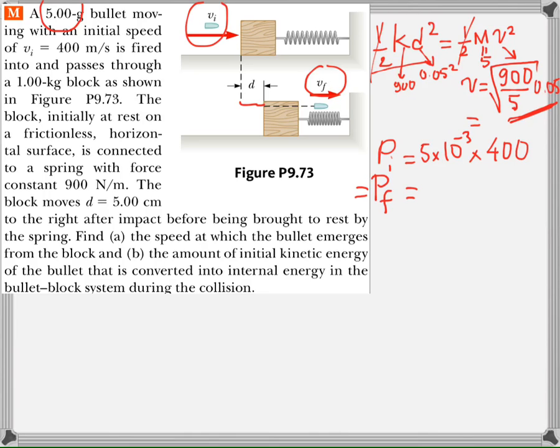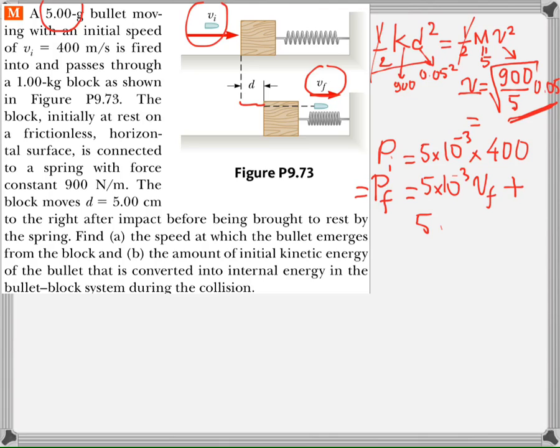And the final momentum is, again, 5 times 10 to minus 3 V final. It is the final momentum of the bullet after it emerges from the block, plus the mass of the block times this V, right?